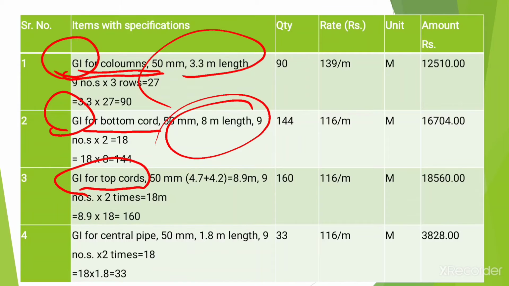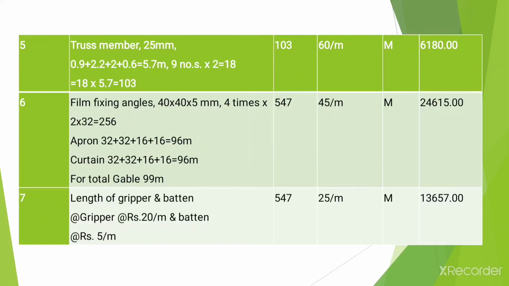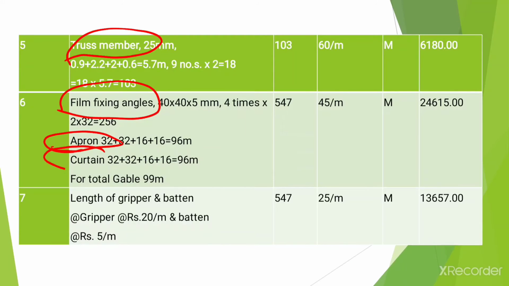Then galvanized iron required for the central pipe, then total truss member cost according to the design, then film fixing angles, then total apron required, then curtain, and how much polyfilm is required for apron and curtain according to the design.